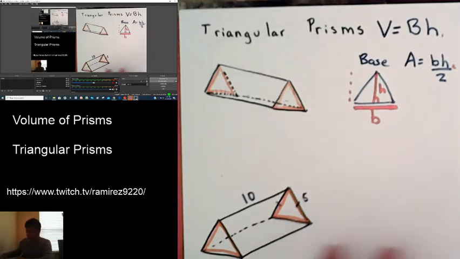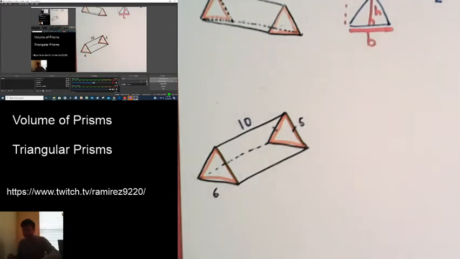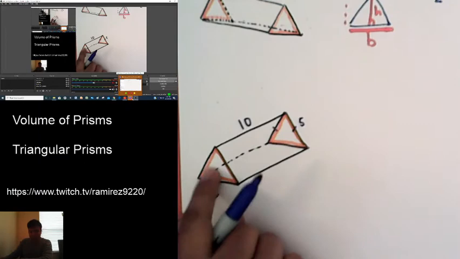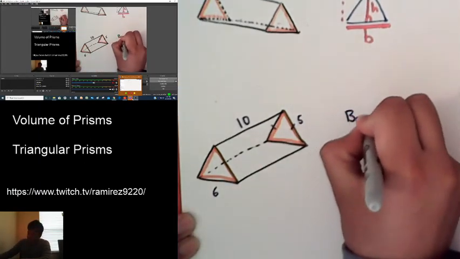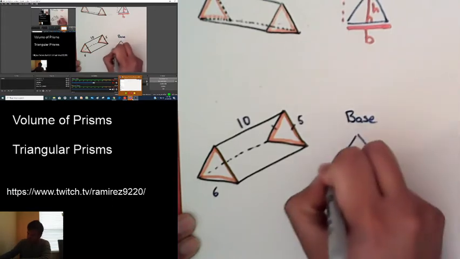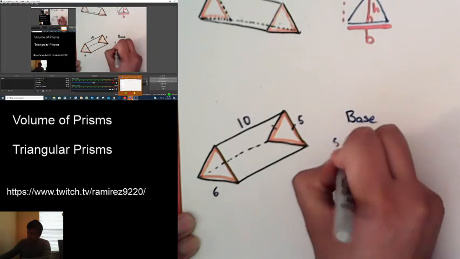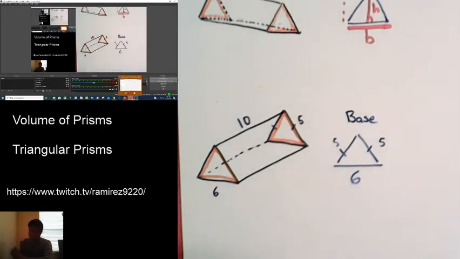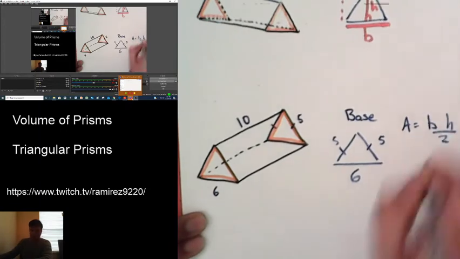Let's look at an example. So here we have, again, a triangular prism. Our base, we can see that it's a triangle. It's an isosceles triangle with sides of 5 here and this bottom part of 6. Now we need to find the area, and again, area is base times height divided by 2.